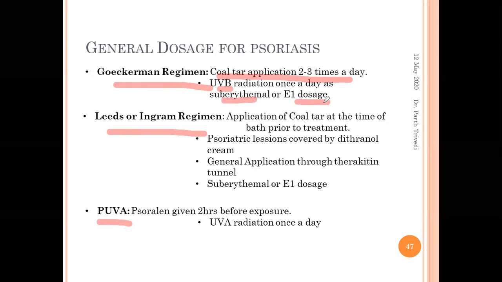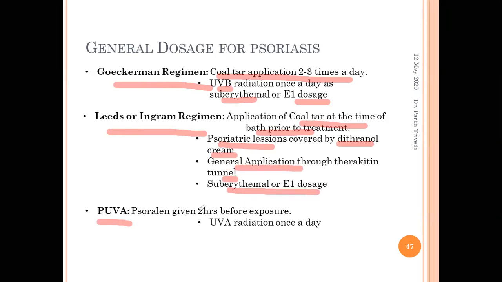In the Leeds or Ingram regimen, coal tar is applied at the time of bath prior to the treatment. Then the psoriatic lesions are covered by dithranol cream. General application through a therapeutic tunnel and suberythemal E1 dosage is used. And in PUVA, psoralen is given 2 hours before the exposure and UV radiation once a day.